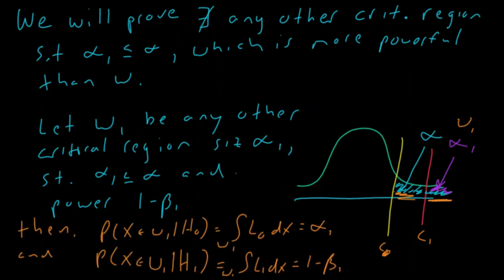We can now say that the probability of X is an element of W1, given the null hypothesis is true, is equal to the integral across W1 of L naught dx equals alpha 1. And similarly, we can run this through to say 1 minus beta 1.